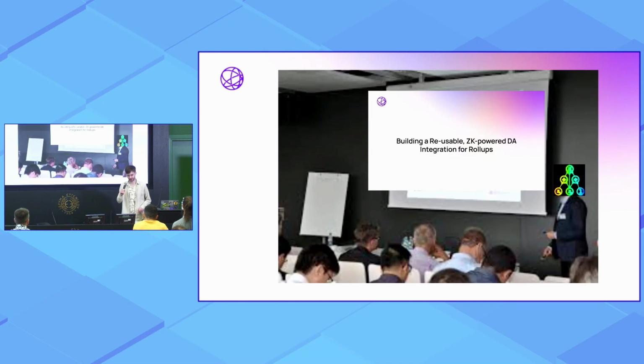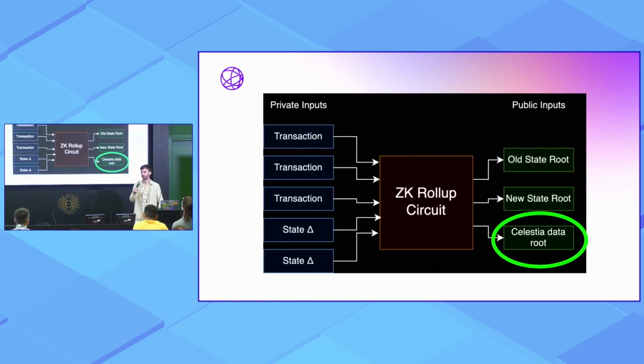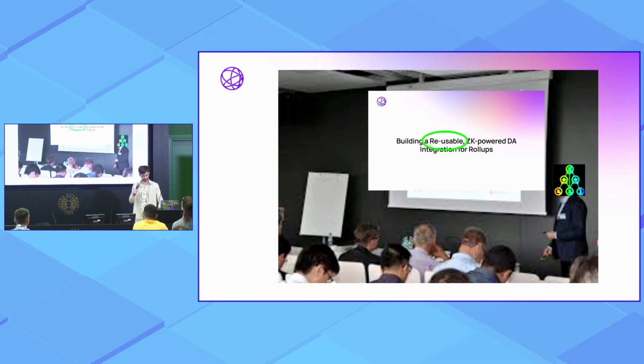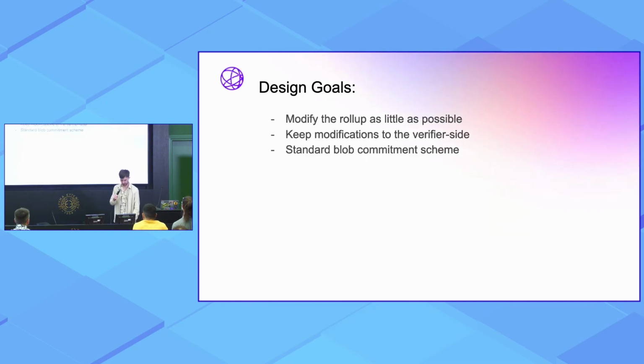But wait, this talk is about building a reusable ZK-powered DA integration, not ripping up the prover side code and rewriting the contract for a bunch of different languages and proof systems. So we want to build this integration in a way that modifies the rollup as little as possible. We don't want to have to rip apart Polygon, Starknet, Aztec, Scroll, ZK Sync, right?